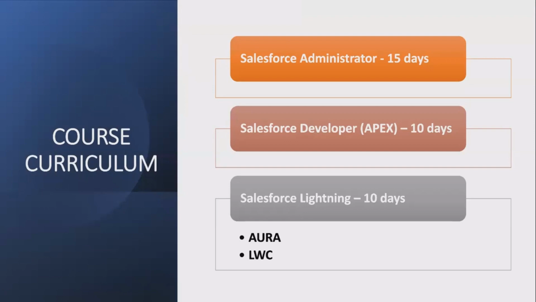You just browse, click on some options and drag and drop a feature, and it will work as it is. So you need not have any code experience or knowledge to become a Salesforce administrator. That's the very basics. That is mandatory for everyone, and it will cover 15 days.